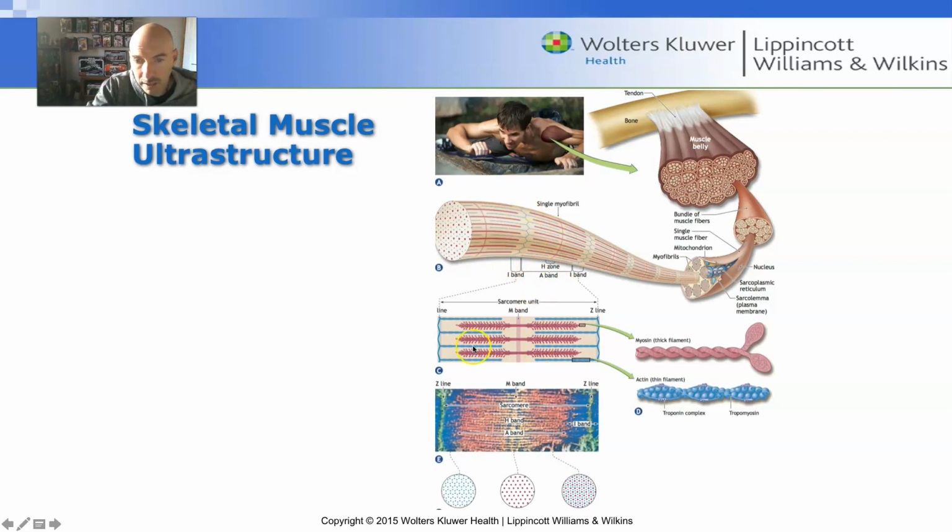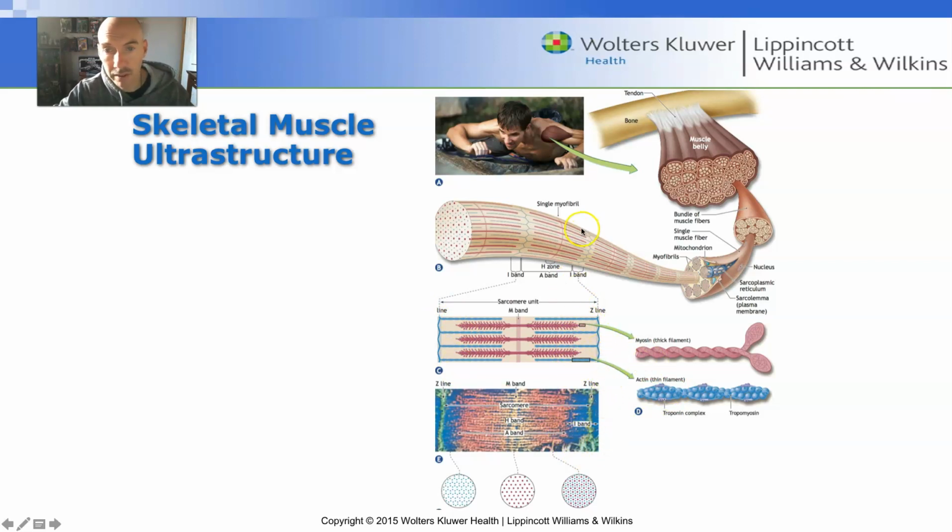So notice on this picture, the A band would be in this zone here, which usually appears darker or more red in color. Here, you can see the A band pretty well. The I band would be the portion of the myofibril where there is no myosin, so it usually appears lighter in color. So it would be represented by this area here, and in the picture at the bottom, it would be this area here.